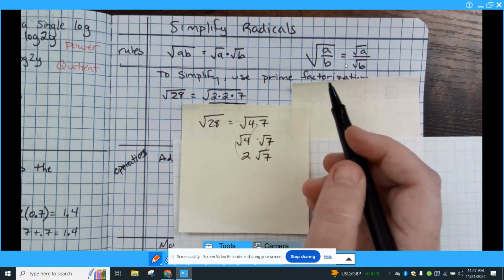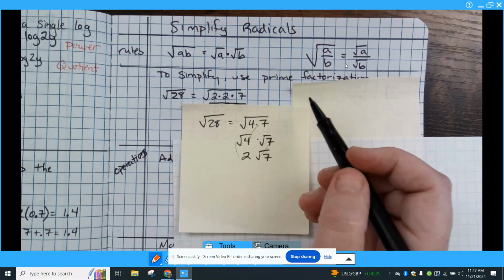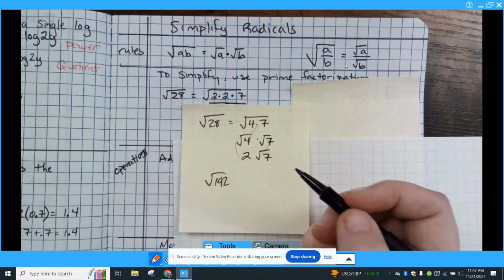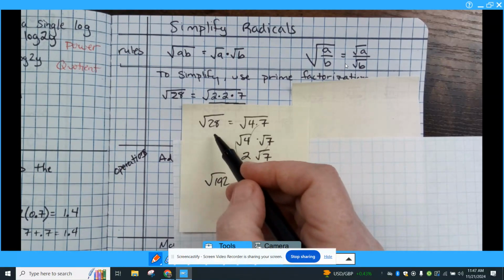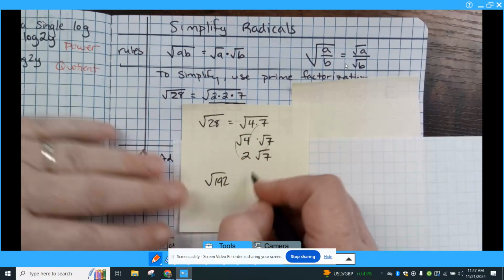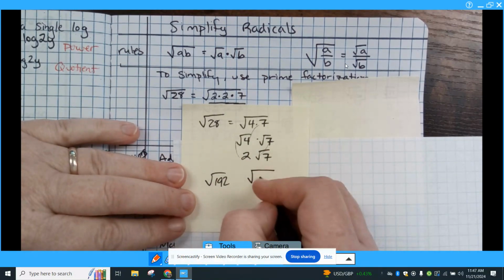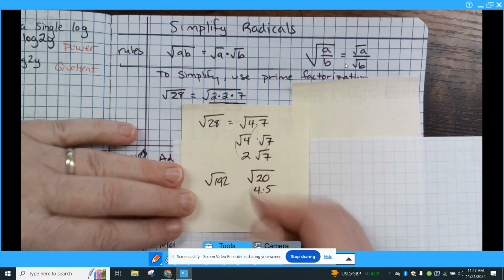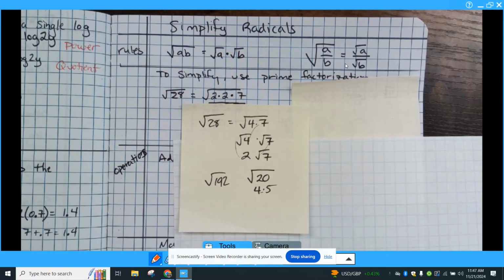Prime factorization is better when the numbers are bigger, like square root of 192. Square root of 192, I would want to look for its prime factors. But if they're small numbers, like square root of 20, I can break that down into 4 times 5. I know the square root of 4. Or 40. So, yeah.